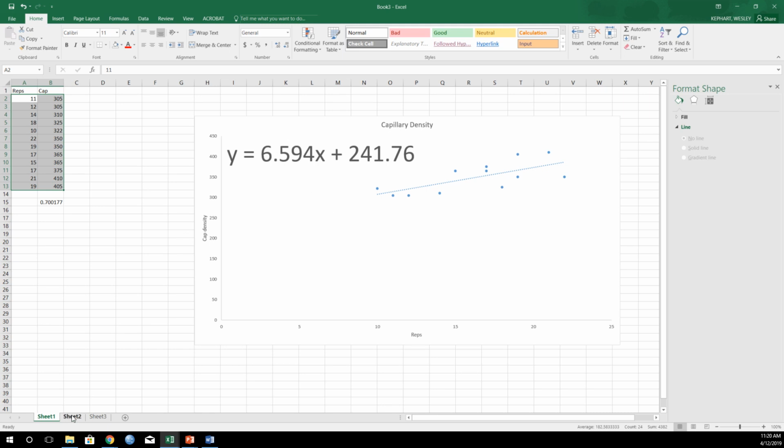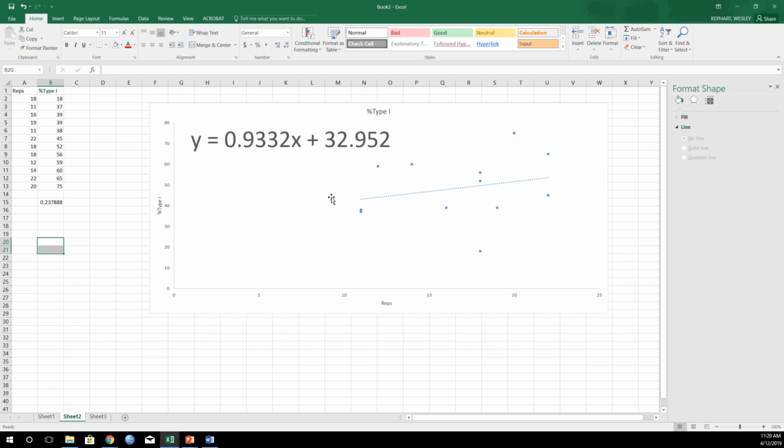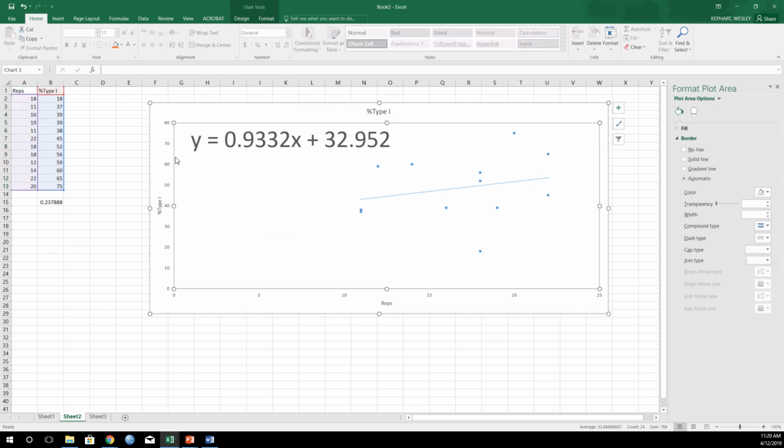Next thing over here, the equation for type 1 muscle fibers. I did the same thing. They did 18 reps, about 18% type 1 muscle fibers, and so on and so forth. So here's the equation I want you to know for that: y = 0.9332x + 32.952.